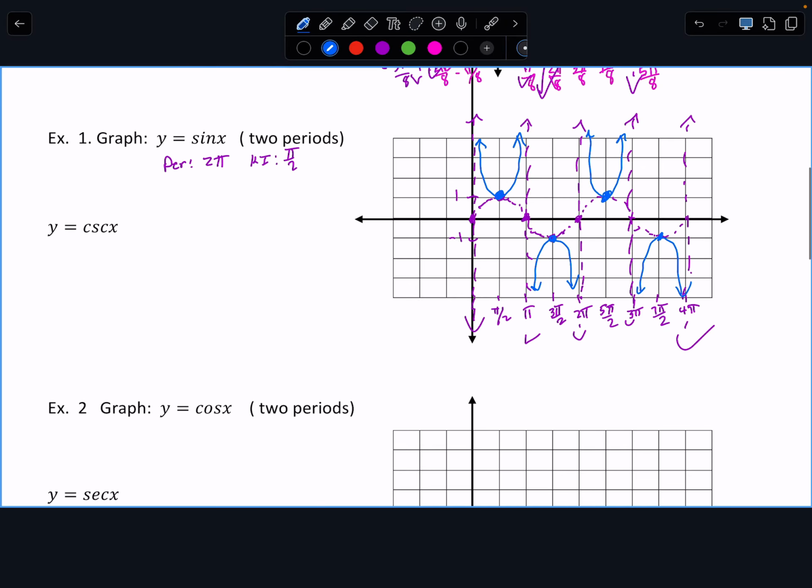So for cosecant, you end up with asymptotes at x equals 0, x equals pi, x equals 2 pi, x equals 3 pi, and x equals 4 pi. And there are no zeros since there's been no shift up or down.